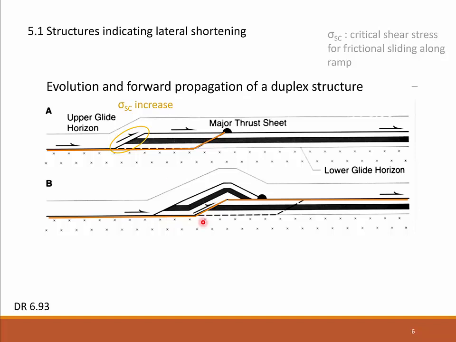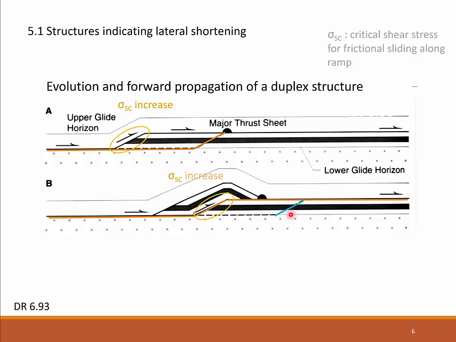Now let's assume that also this newly created ramp becomes inactive because of increasing shear stresses, and the ramp is no longer suitable as a slip horizon for the hanging wall units, which includes the first horse that we have formed here. The same as before might happen.